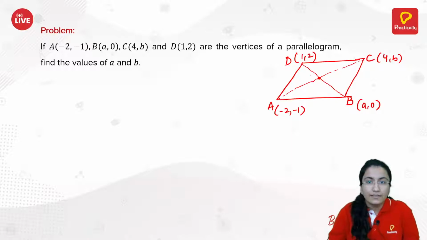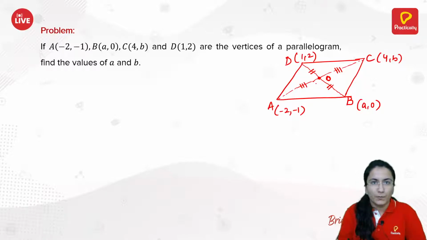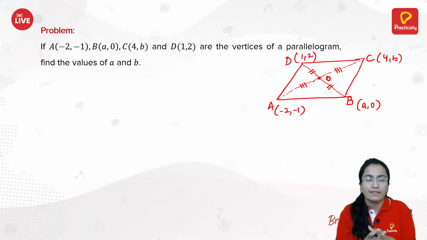Bisect each other means wherever they intersect, that complete line segment is divided into 2 equal parts. That means if this intersection point is O, then OD equals OB and OC equals OA, right? Based on this, we will use our section formula to calculate the values of a and b.